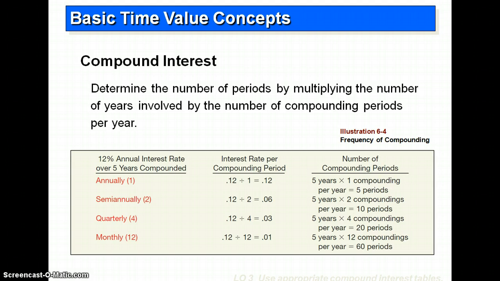But let's contrast that with semi-annually. If it were 12% for 5 years but compounded semi-annually, then we would halve the interest rate to 6% and double the periods from 5 to 10. You can see what would happen if it were quarterly or monthly and so forth. I've included this so you can come back and look at it if you need to.